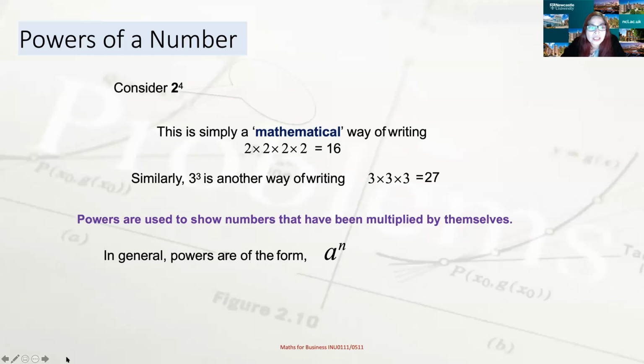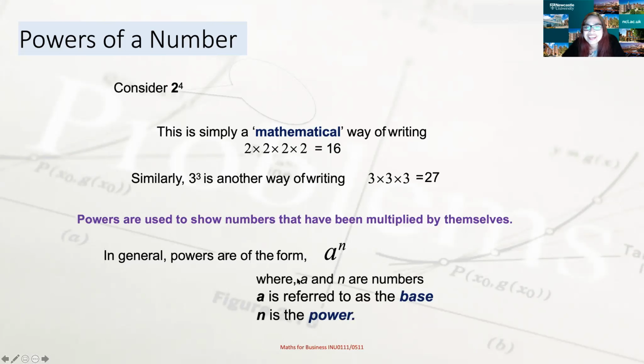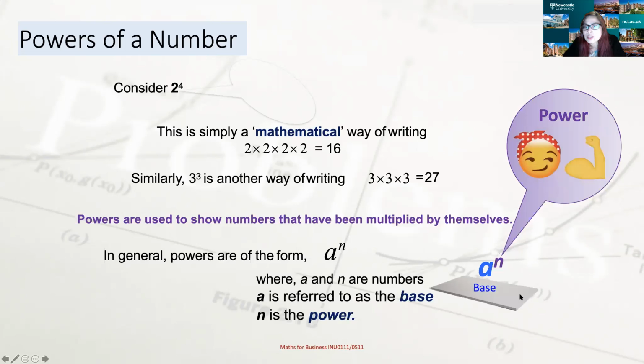What's sitting at the bottom is the base and what's in the power is the power. Here a and n are numbers. Got it? So here 2 is the base and 4 is the power.